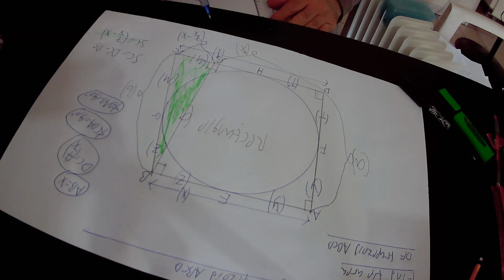So we just found out that side SC equals 7 over X minus X. Side BS of the right triangle BSC equals A. And finally, the hypotenuse BC equals B, according to our definition.